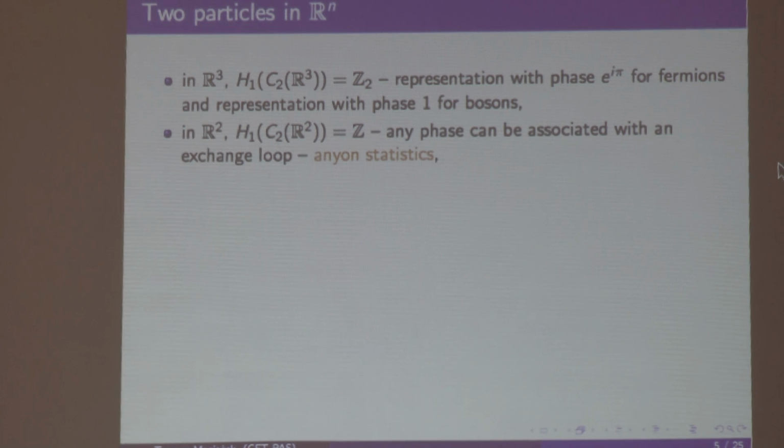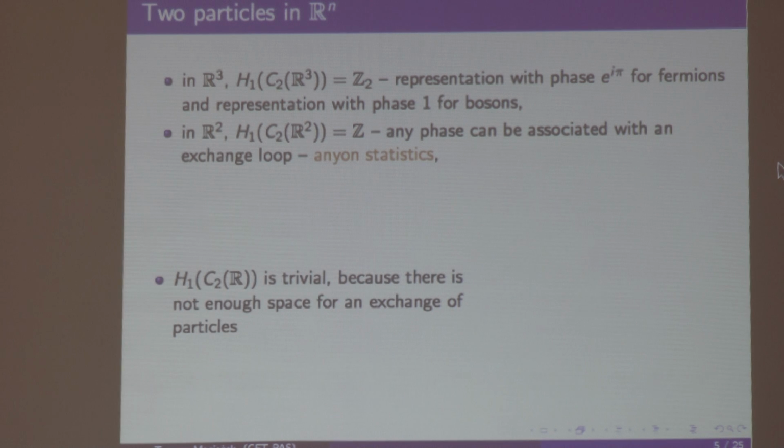And in R2 there is a whole infinity of possibilities, so any phase can be associated with a loop, and this gives rise to anyon statistics. And if you want to go one dimension lower, then we have R, but there is the problem that particles always collide on a line.